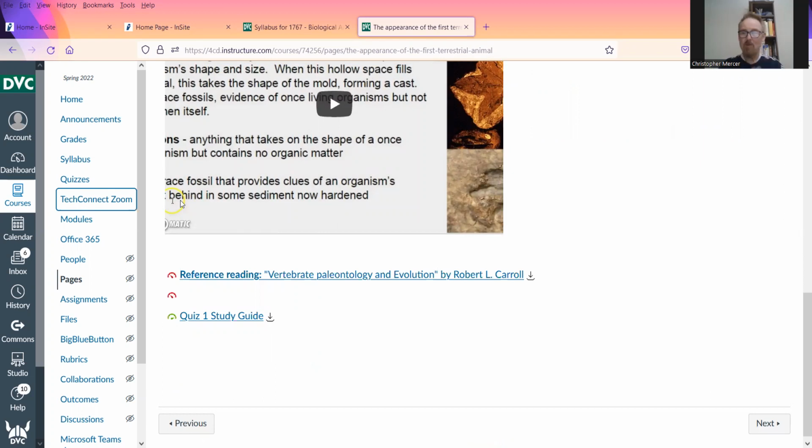Okay, because really what that is, is a link to a book written by Robert Carroll. It is the epitome of all vertebrate paleontology and evolution books. This is not a course in vertebrate paleontology. However, we do have an evolutionary history in vertebrates we need to sort of understand, but not at the level that Robert Carroll is writing. And plus, that book is a tome, it's several hundred pages long.